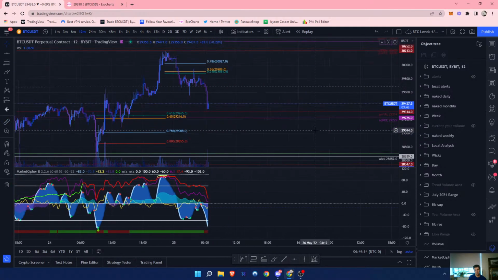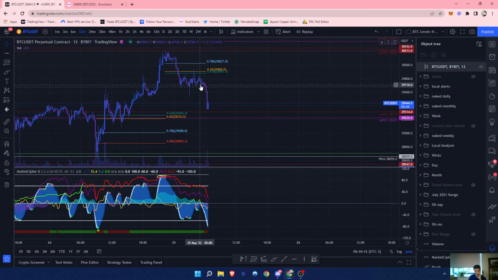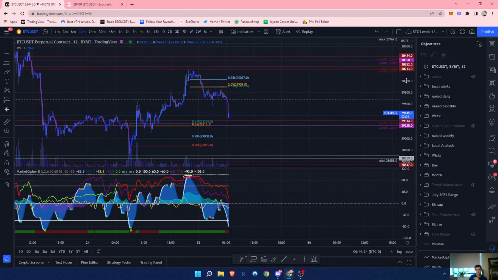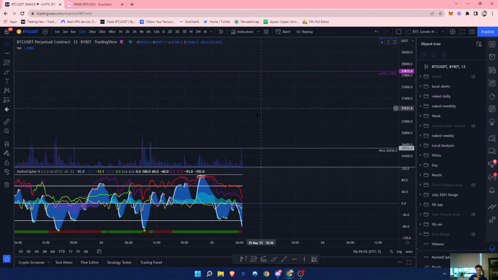So again, it's kind of more of a swing trade in the future. May not necessarily happen today. So that's pretty much it with the local.